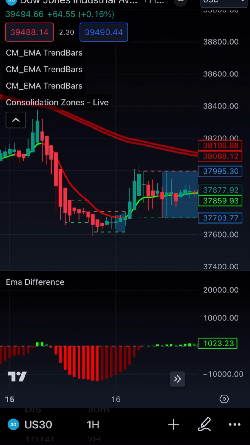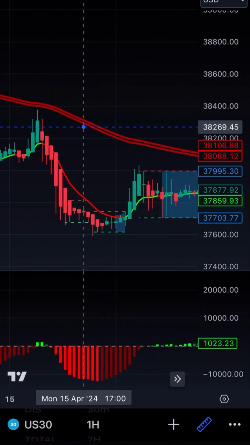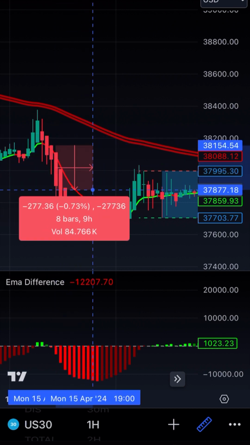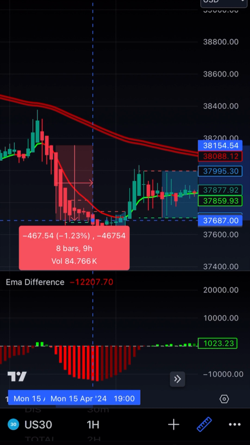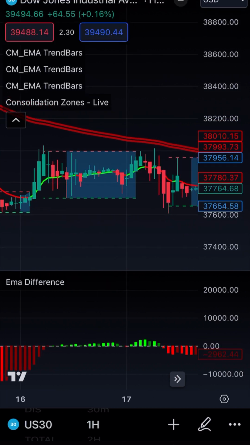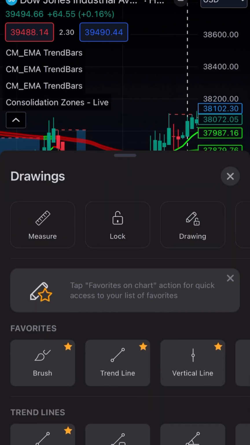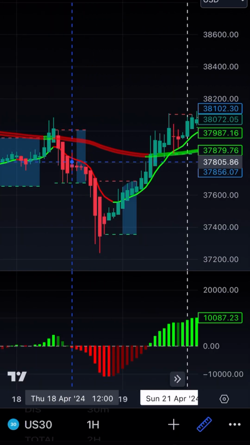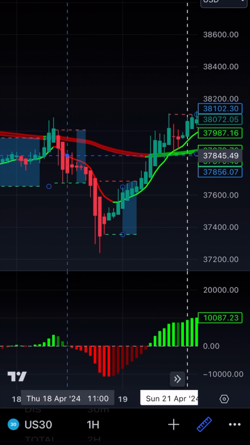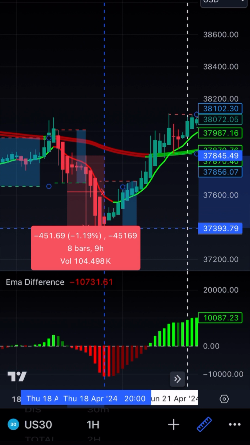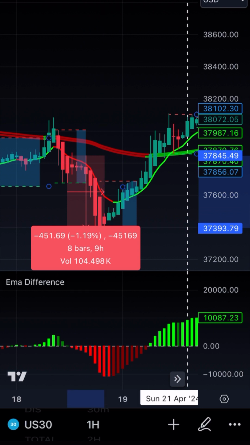So you're basically taking 1 penny and you're making these numbers. So we got another one right here. This one is $487. And you got this last one right here. This last one right here got about $451.